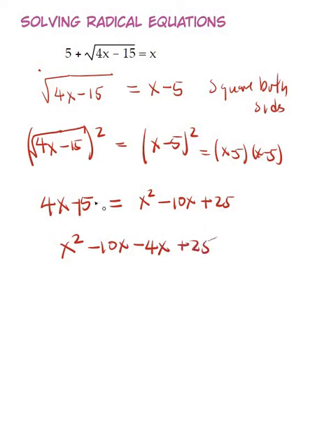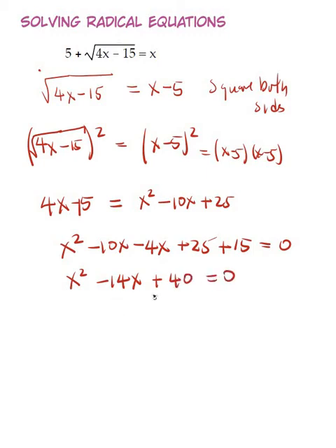And then when negative 15 crosses the equal sign, we change its sign to positive 15, and then this is equal to 0 because we send everybody to the other side. Then we regroup whatever we can regroup. It's going to be x squared minus 14x plus 40 is equal to 0.